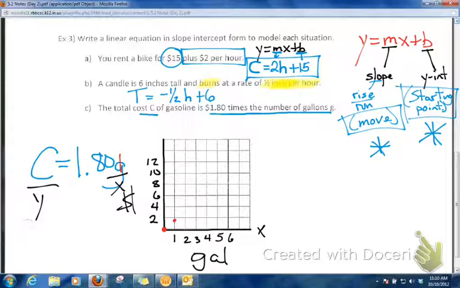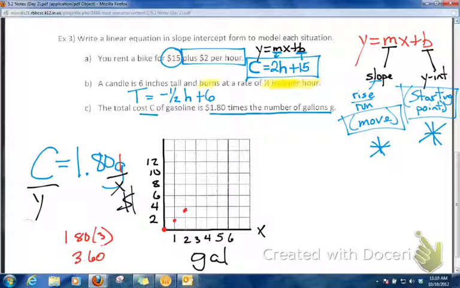Well, what if gasoline is 2? Well, now I have $1.80 times 2, which gives me $3.60. So at 2 gallons, I'm up to $3.60, which will be right in there. And then if I come back and say, okay, well, what if I have 3 gallons of gasoline?